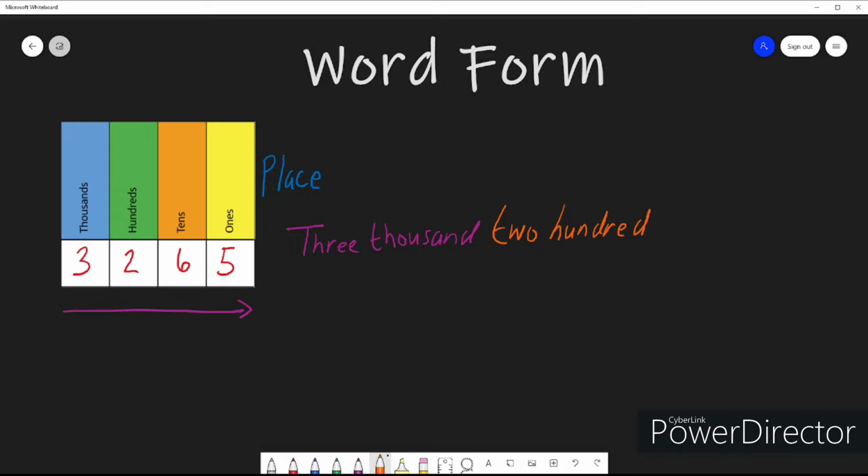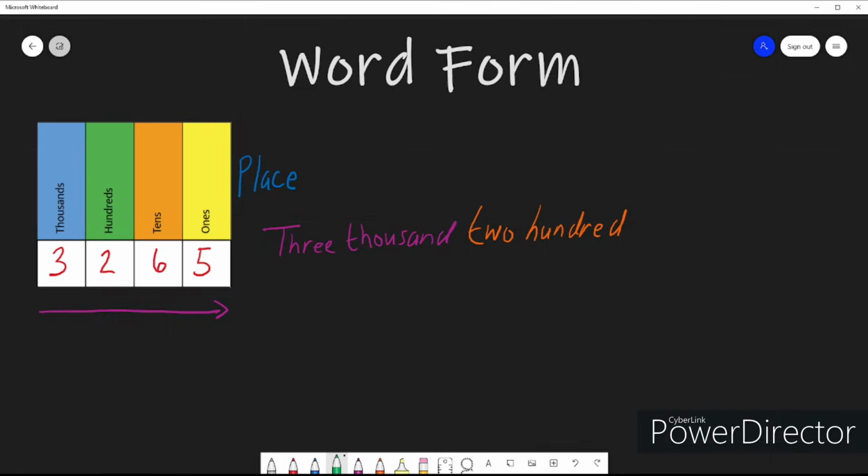Here's where we get into a more confusing portion of the writing, and that is the fact that when we get into the tens portion, every number ends with the portion of "ty." What I mean by that is, since there's a 6, we don't just write 6 tens, we would write 60.